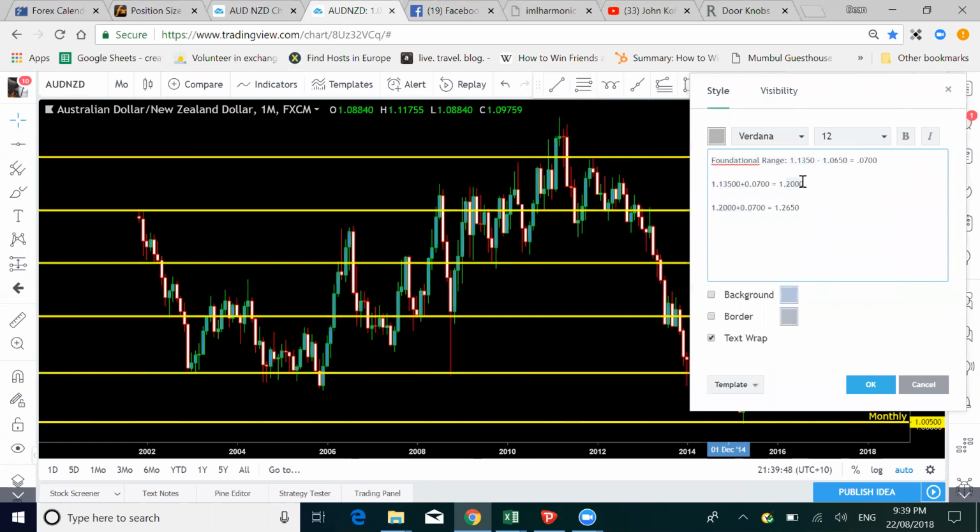1.135 plus 0.7. Too late at night for me to just do that in my head. 1.135 plus 0.07 is 1.205. Oh, of course, just add 50 pips. So we're going to add 50 pips there, which means we're going to add 100 pips there. So that's going to be 1.2750.